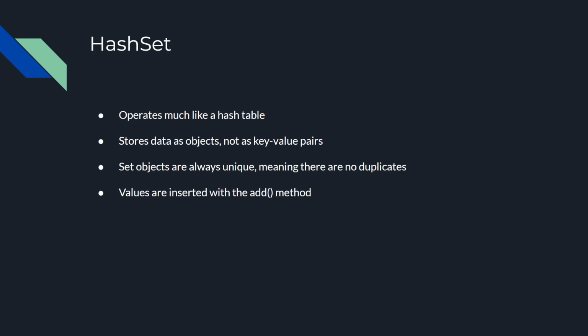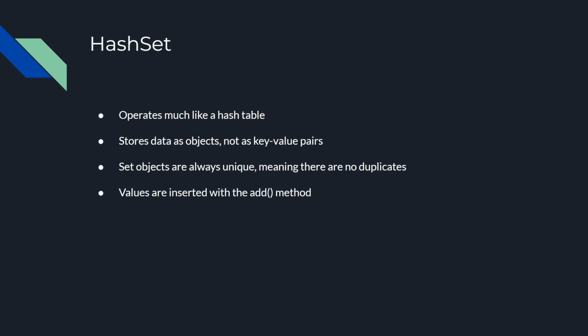Next, we'll be talking about some other data structures that implement hashing. So first is the hash set. A hash set still operates much like a hash table, and it has the same benefits of extremely fast lookup and insertion time. The slight difference is that it stores data as objects rather than key value pairs.